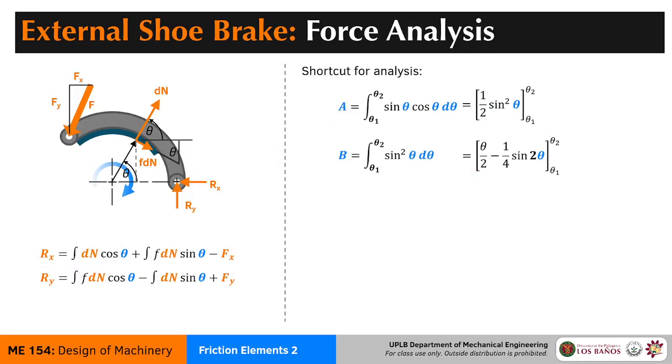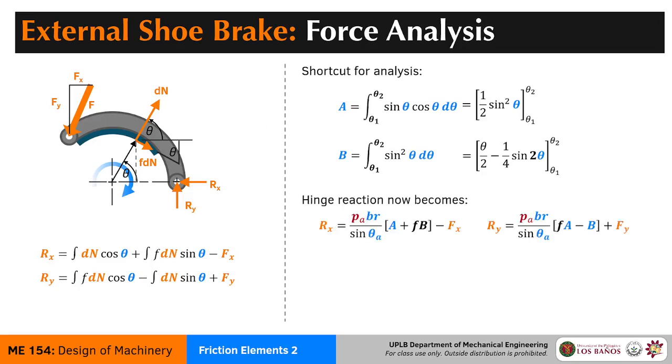So for example, I did the legwork, or rather Shigley did the legwork, and redefined the hinge reaction such that now they are like this, essentially. So using this, you essentially eliminated the integrals from the equation. So now it's just straight up substitution.